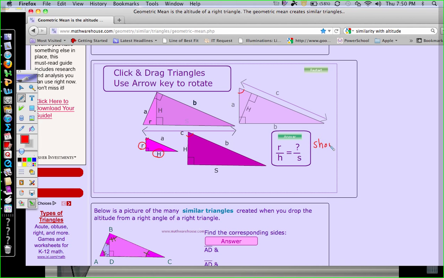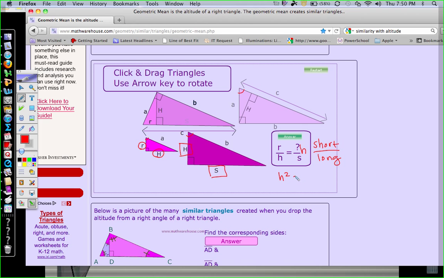So I want short over long again, because I had short over long for R over H. So the only place S is alongside is right here, which means this would be our numerator.